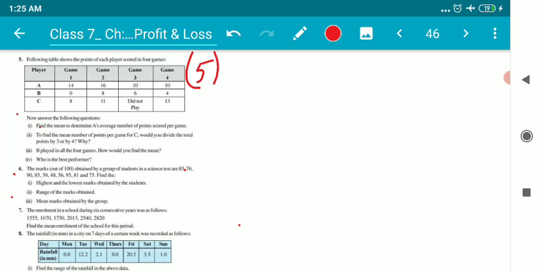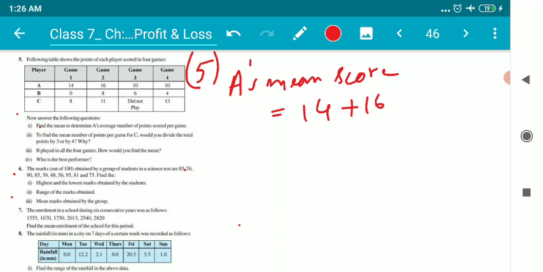Let us find the average of A, the mean runs of A. A's mean score is equal to 14 plus 16 plus 10 plus 10, divided by 4, because he played 4 matches.